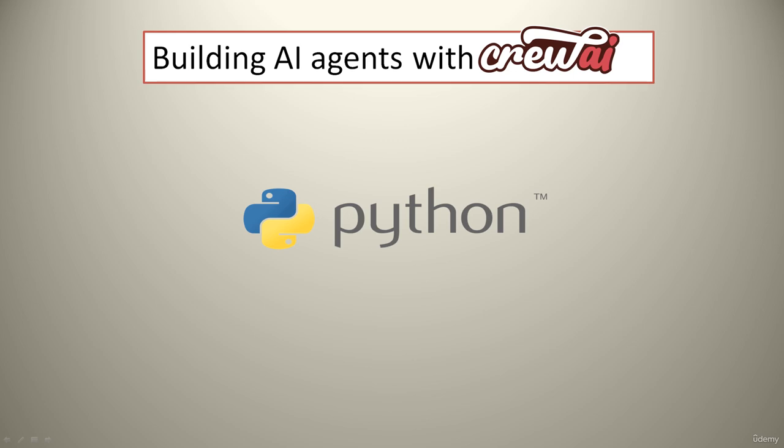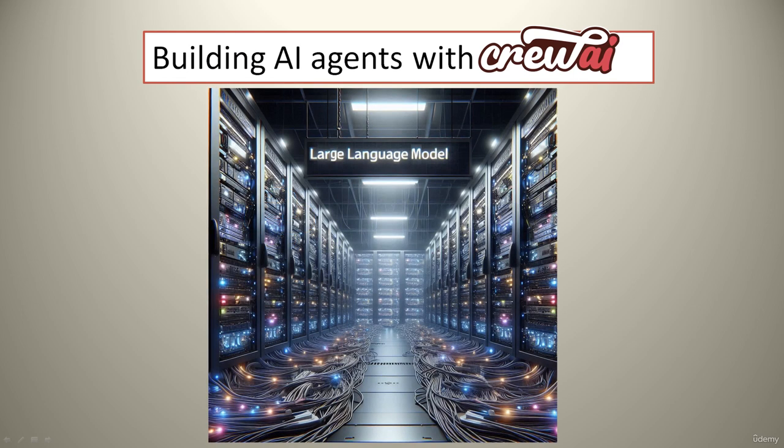To make this possible, we will need a large language model that our agents can interact with. So large language models, or LLMs, form the backbone of this setup, as they have the ability to process natural language, generate text, and make decisions.